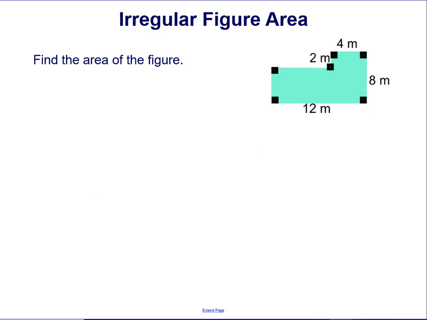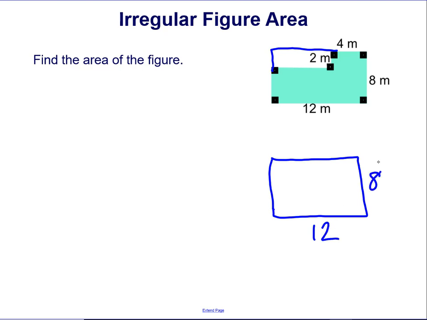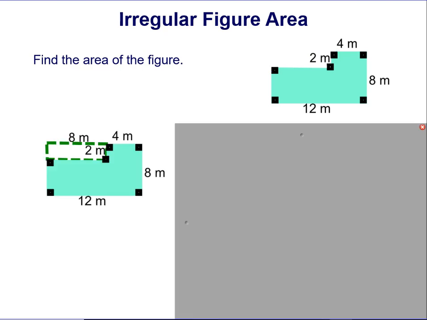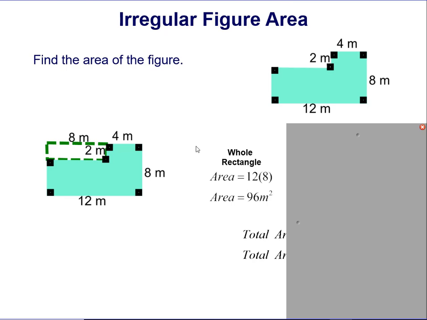This is the same shape that we had and used for method 1. Now to do method 2 on this shape, I create one larger rectangle around the outside of it. So now my dimensions of this new shape are 12 by 8. My first step is to find the area of the whole rectangle.